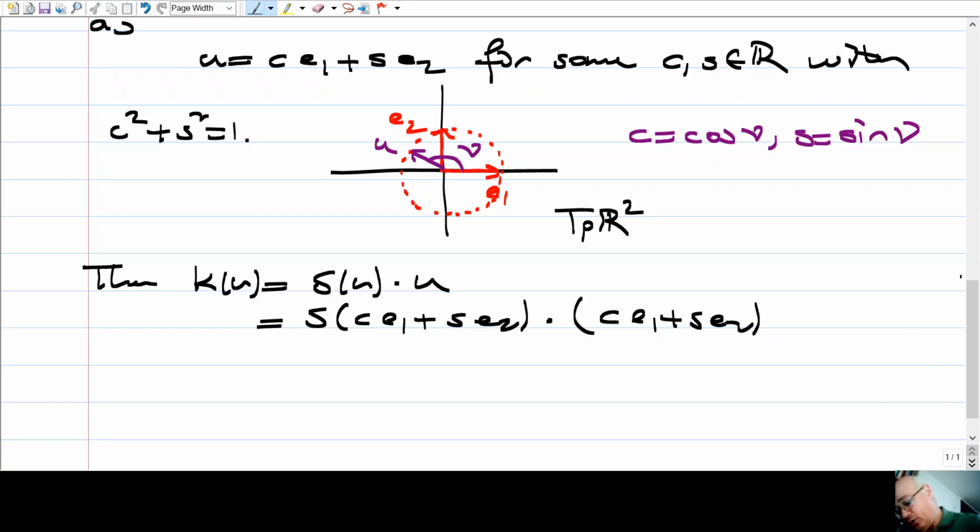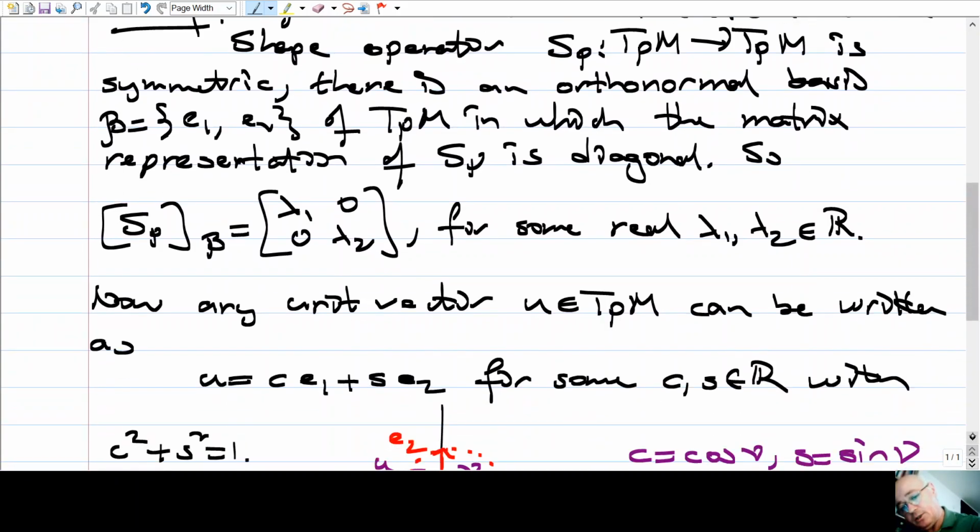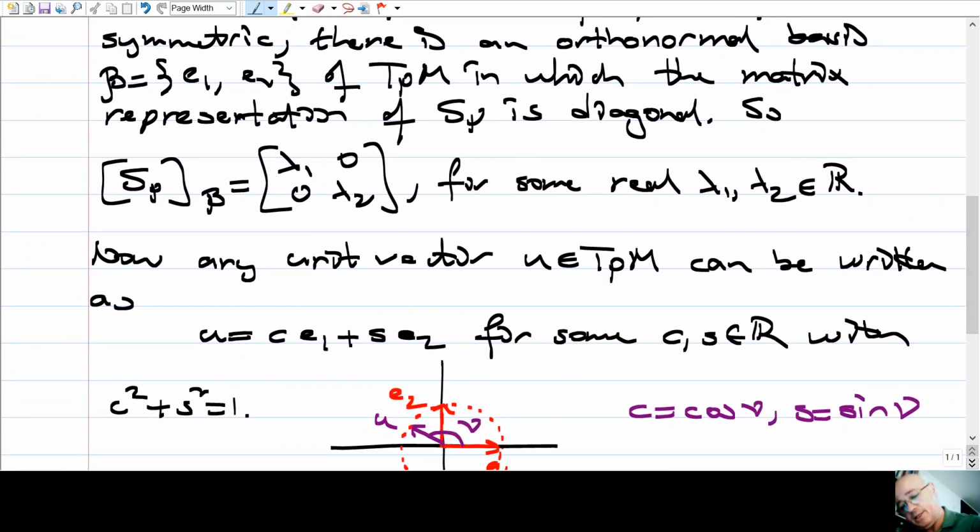Here, of course, this is the matrix representation of SP in this basis.